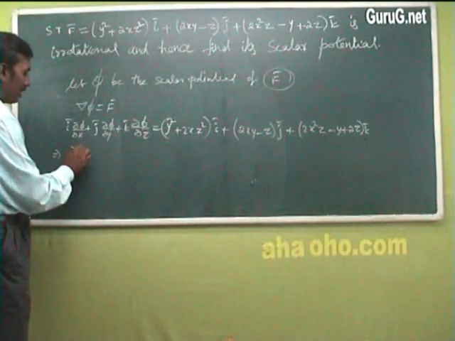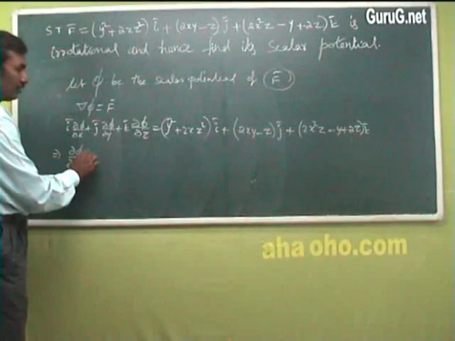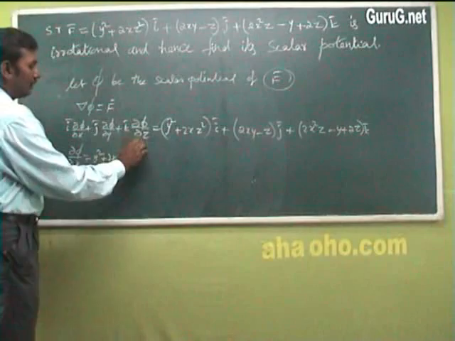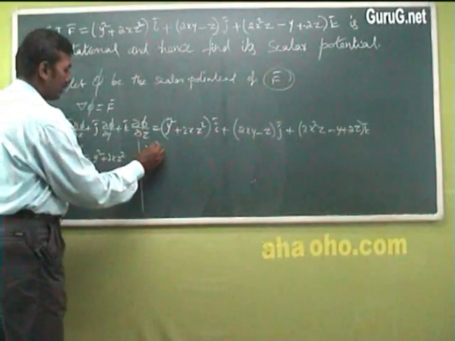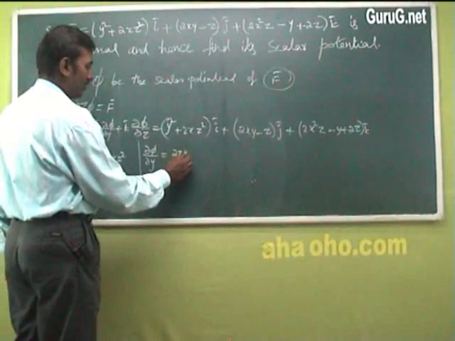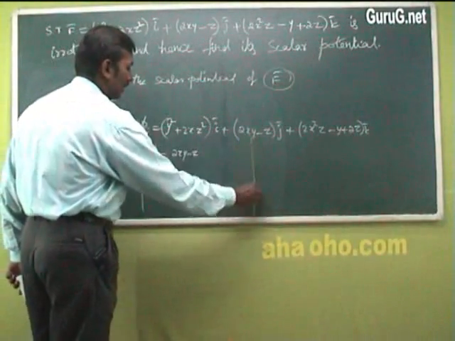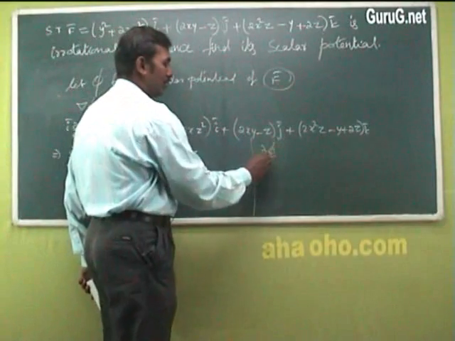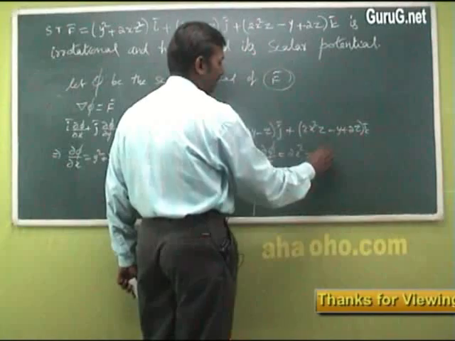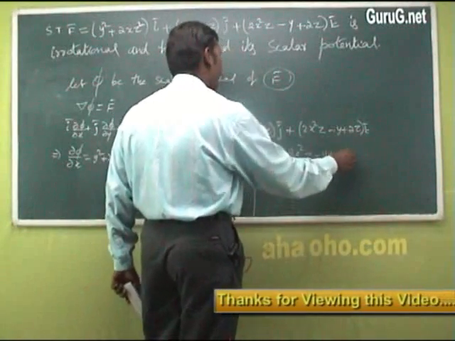dou phi by dou x equal to y squared plus 2xz squared, then dou phi by dou y equal to 2xy minus z, then dou phi by dou z equal to 2x squared z minus y plus 2z, right?